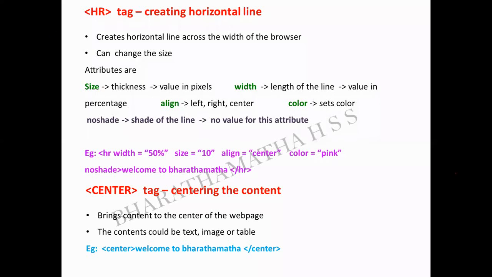So the next tag that we are going to see is the horizontal tag. Horizontal tag means your horizontal ruler, which is used to draw lines horizontally over the width of the browser.